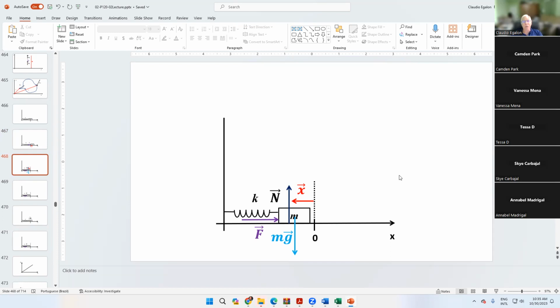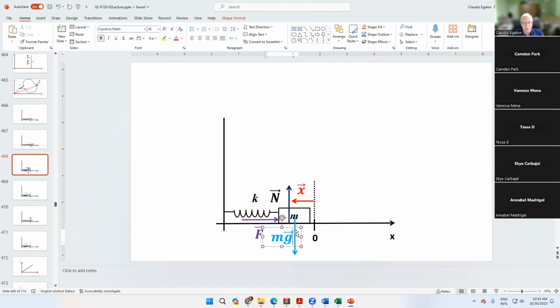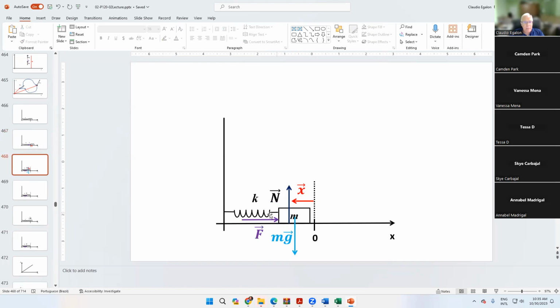In addition to this elastic force, you're going to have the weight and the normal forces as well. The work done by this one is going to be zero. The work done by this one is going to be zero as well. But this one here, think about that. Because the force is in one direction and the displacement is in the other direction, the work done by this force is going to be negative, right? With respect to the origin, the work done to move from the origin to this position.